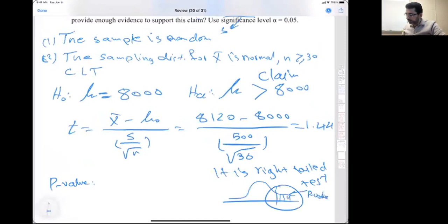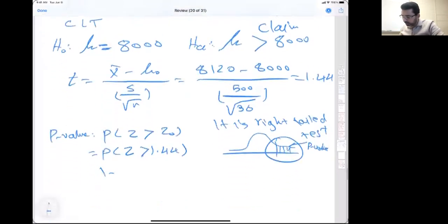So according to that, we need to find the probability that z is greater than z naught, or the probability that z is greater than 1.44, which means 1 minus the probability that z is less than 1.44. Am I right? No, I'm not right.